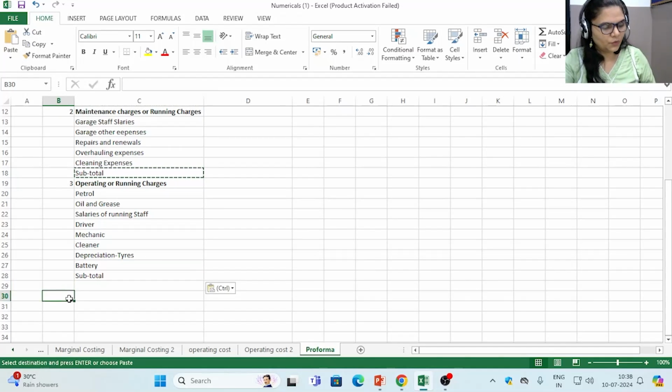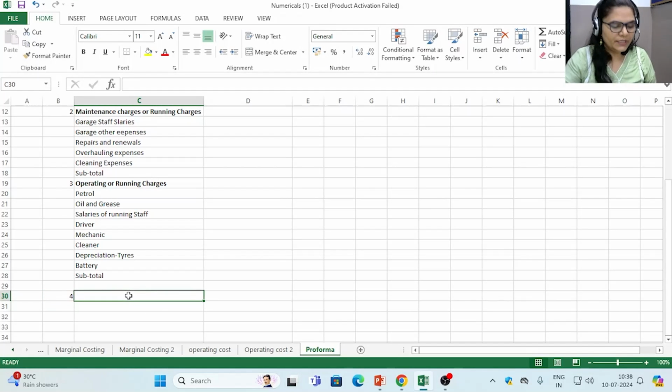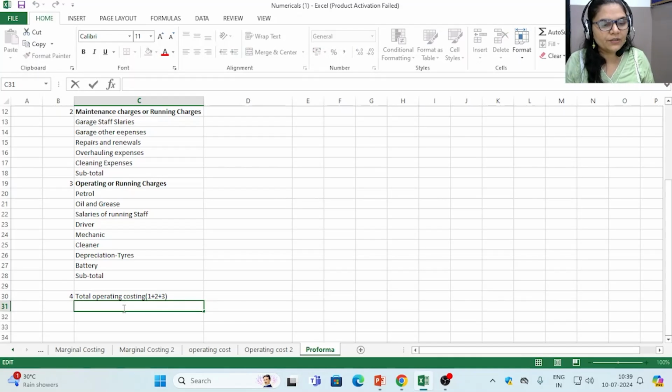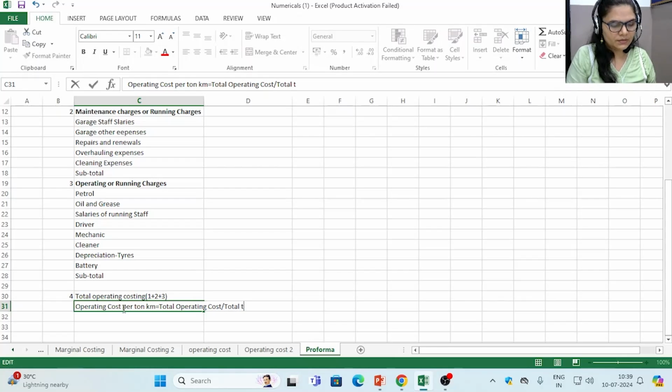Now the fourth step while preparing the operating cost sheet is to do the total operating cost. It will be your 1 plus 2 plus 3. Operating cost per ton kilometer is total operating cost divided by total ton kilometer.